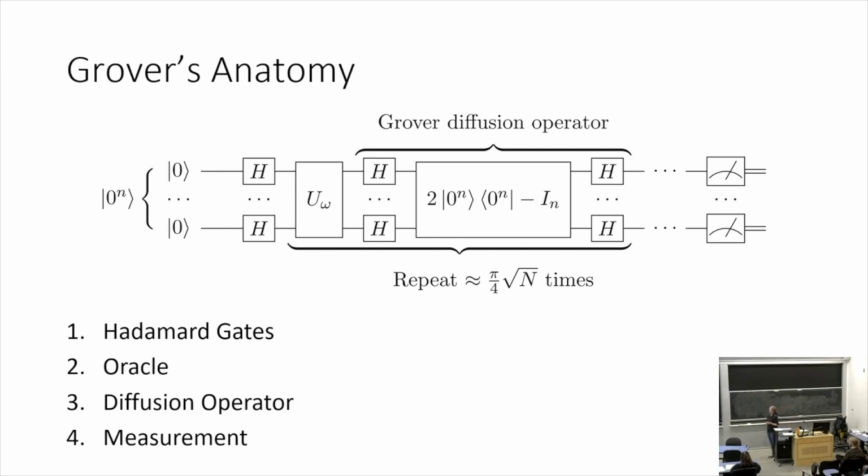The next part of the algorithm is something called the diffusion operator, and this is where the amplitude amplification trick happens. Each bit before measurement has a probability of measuring 0 and a probability of measuring 1.